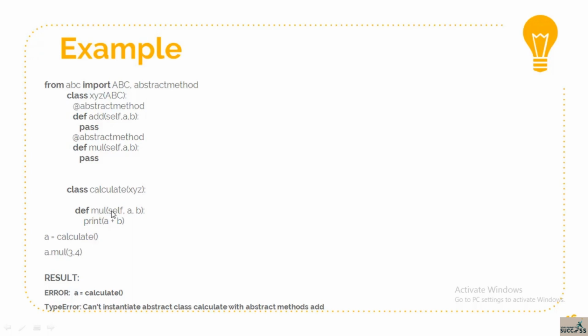Now remember that any class which inherits the abstract class must contain the implementation of all the unimplemented or abstract methods in the abstract class. So in order to run this code successfully, we need the implementation of this method and this method in this class Calculate, which is inheriting the abstract class ABC.